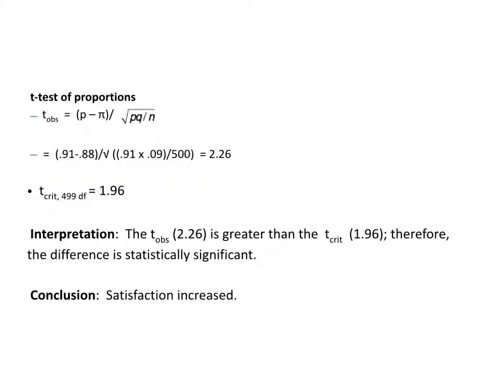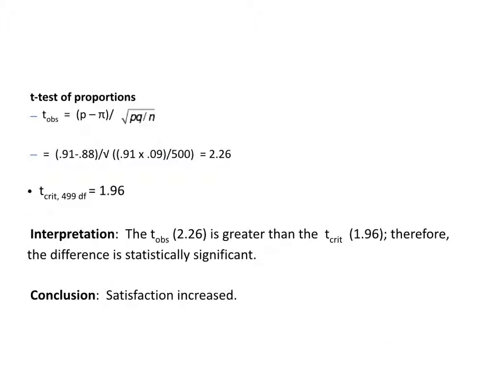And in the denominator is the square root of p, which is our sample proportion, 0.91, times q, which is 1 minus p, which is 0.09, divided by 500, which is our sample size, and that equals 2.26. So our t observed value is 2.26.